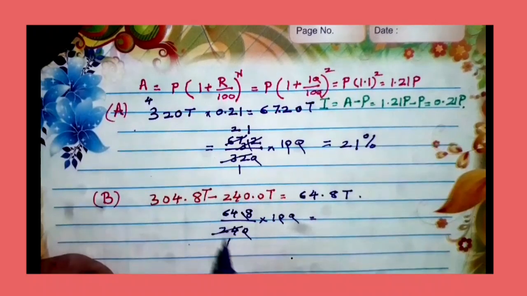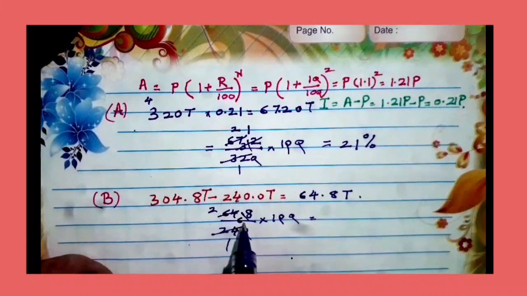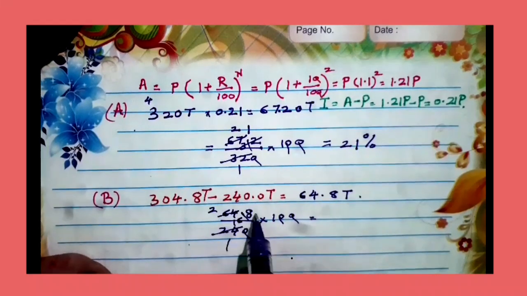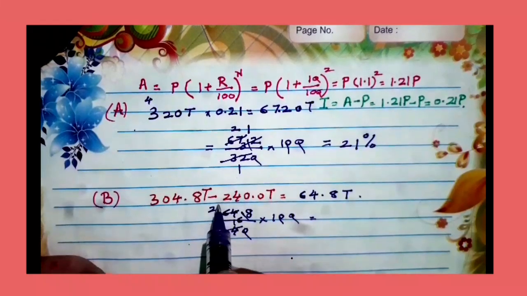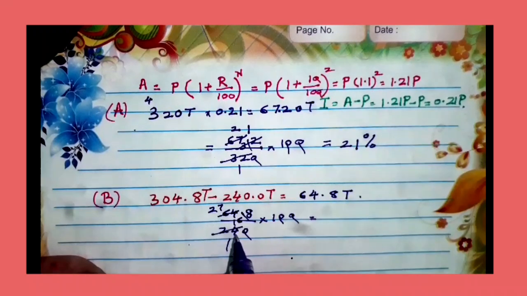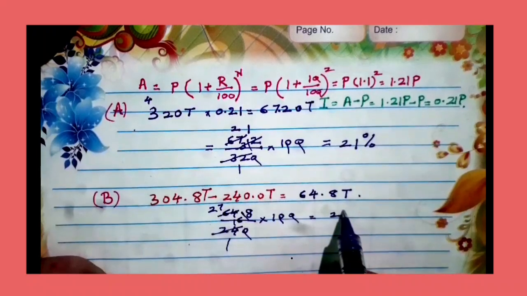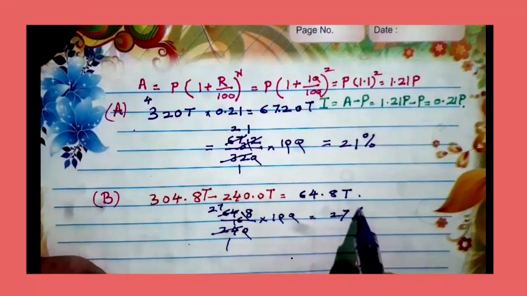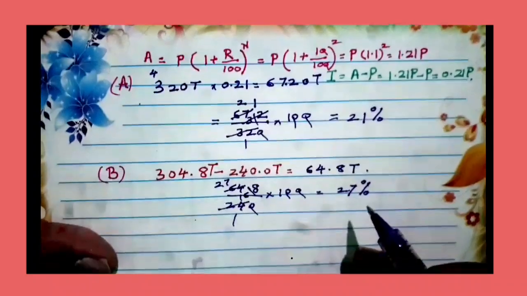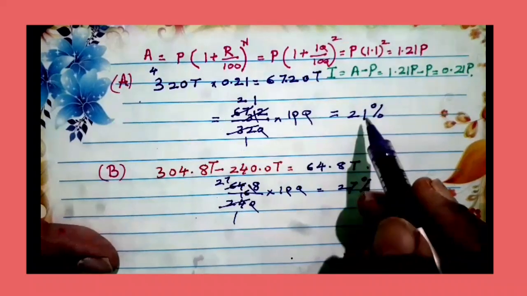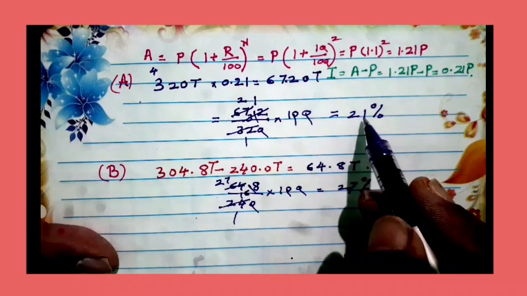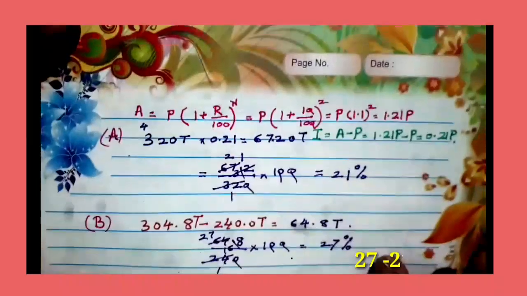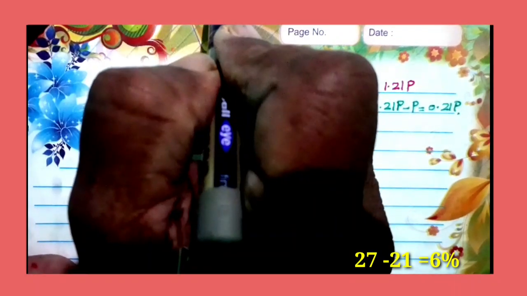Now 24 2 times is 48. 7 times 168. 24 is 100. His estimate is 27%, and 27 minus 21 is 6. So our answer is B, 6%.